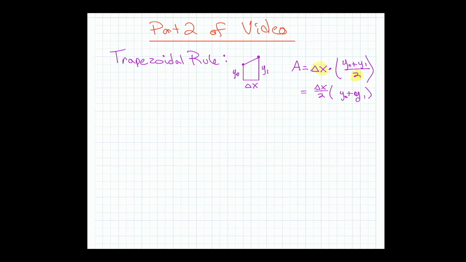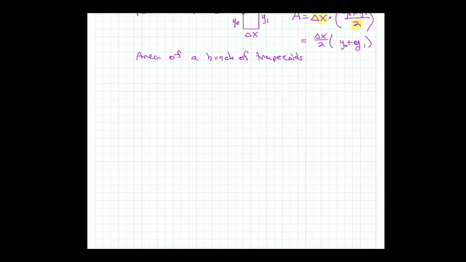Okay, now what I want to show you is what is the area of a bunch of trapezoids. So let's just imagine a scenario where we've got, what I'm going to do is I'm going to draw all these in, and then afterwards I'll write on them.